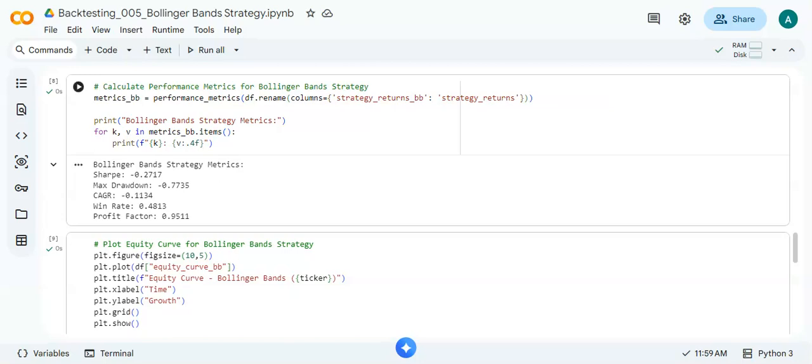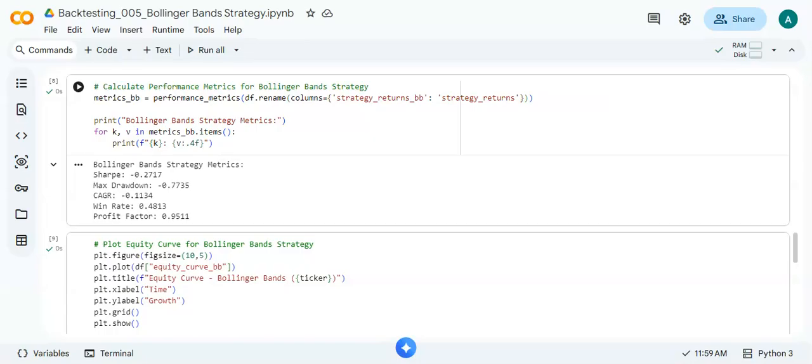So basically, as you can see, if we use the strategy for Apple stock, in the stock market, I cannot say that Apple can be represented by the whole stock market, but precisely for Apple stock, the Sharpe ratio you can see is negative. So immediately the strategy is not worth considering in terms of risk and reward. We are at negative 0.27, right?